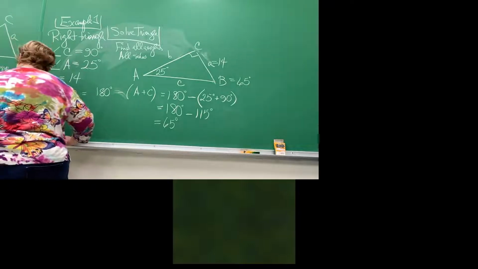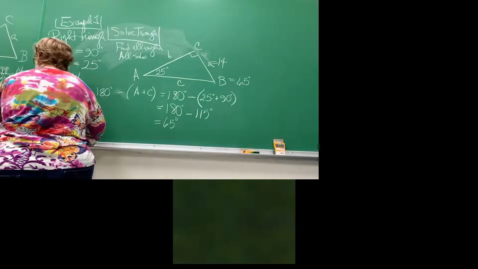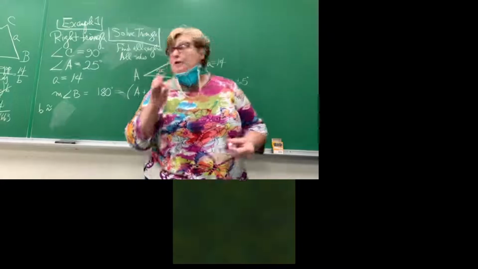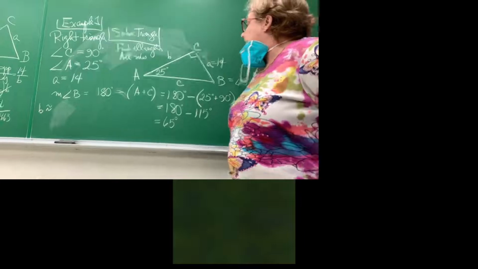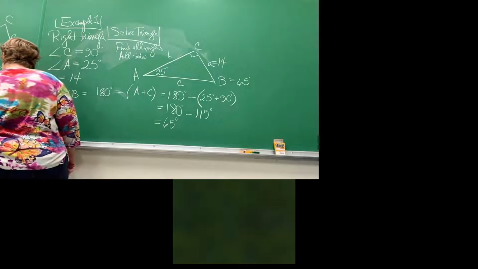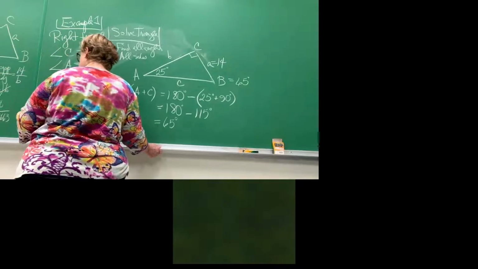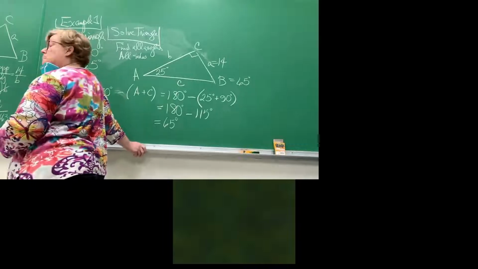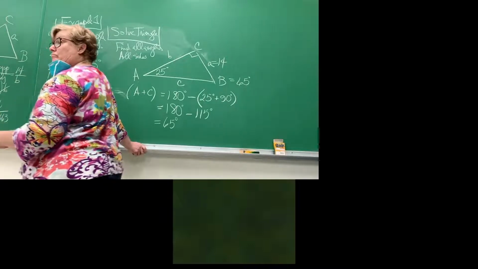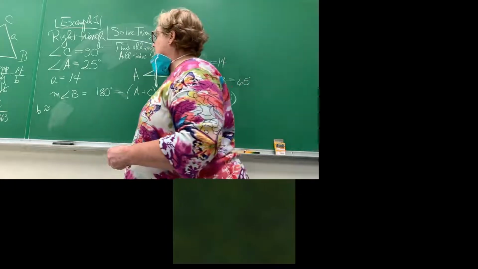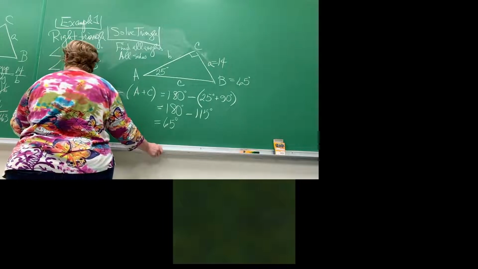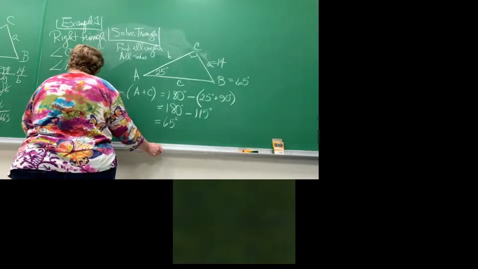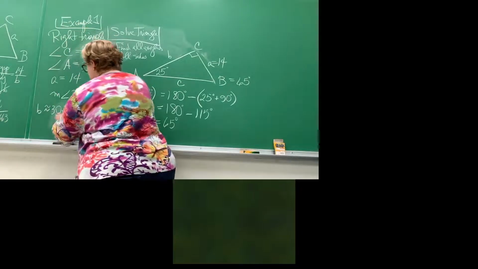And we want to find b to 1 decimal place. We want to find trig functions to 4 decimal places, and sides and angles to 1 decimal place. So what is 14 divided by 0.4663? 30.023, and we want to round to 1 decimal place.